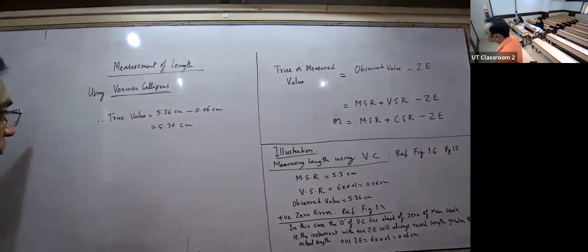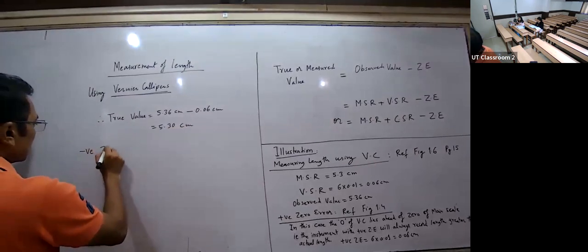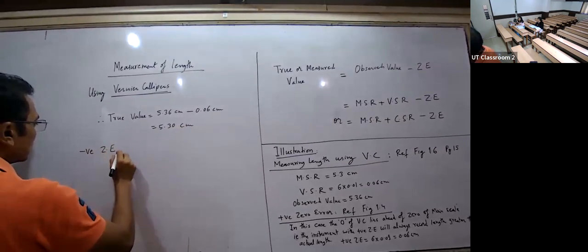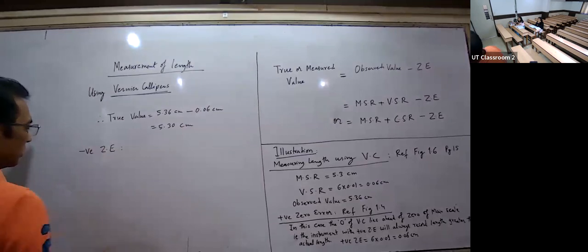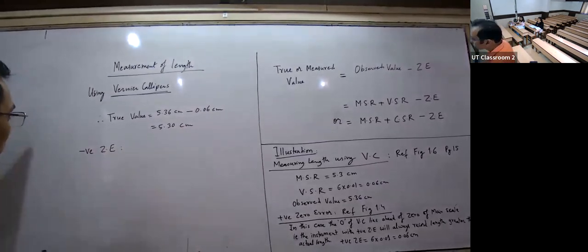Let's check what negative zero error is. So for negative zero error you have to refer to figure 1.5.